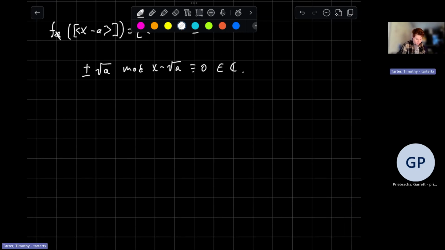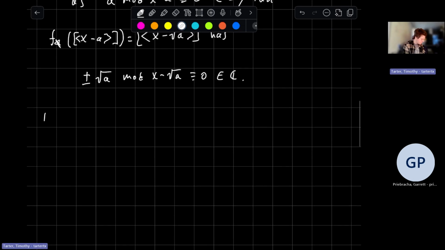So now we have a theorem. Let f1 through fn be polynomials over k in x many variables.